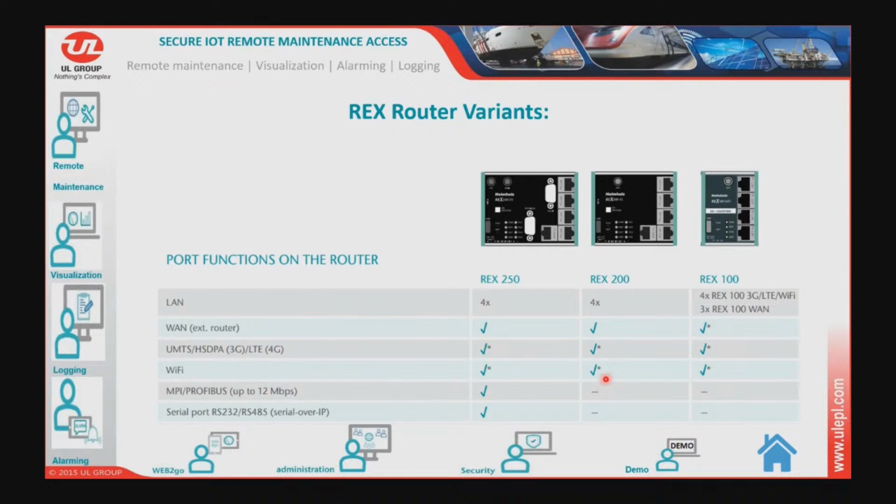In Rex 200, you can remotely monitor, control, and visualize your data from the PLC. And in Rex 250, there are two additional ports, which are Profibus and serial port.